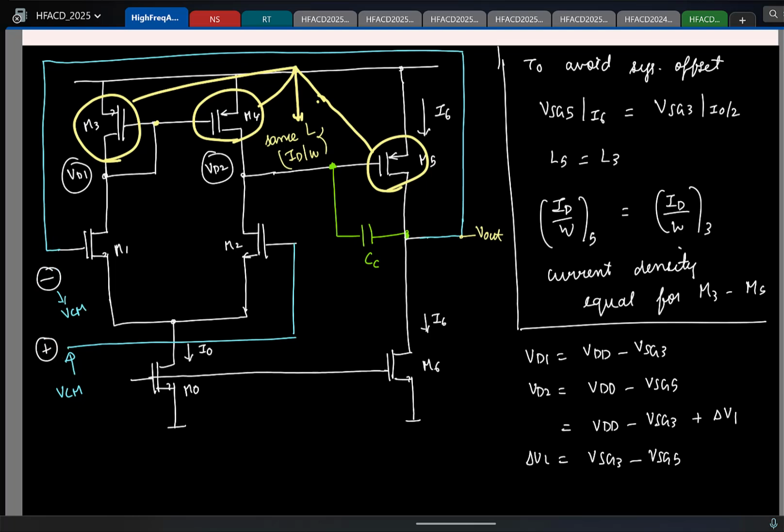What is the gain? I mean, delta V1 should, so which means the input side offset is the first stage output delta V1 by the gain of the first stage. And what is the gain of the first stage? GM of which transistors? Yeah, let's say GM2 into RO4 parallel RO2.